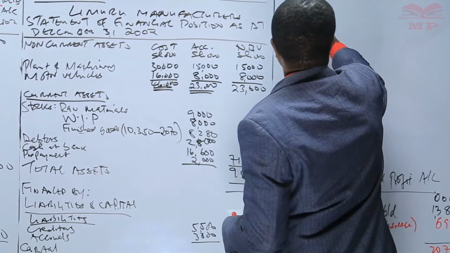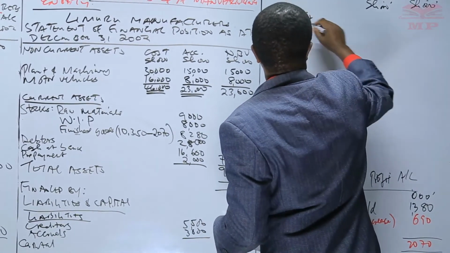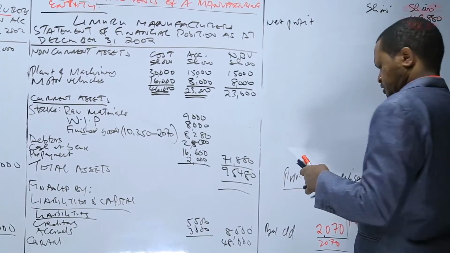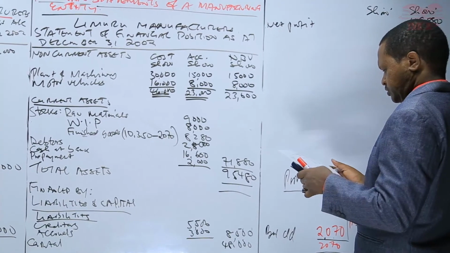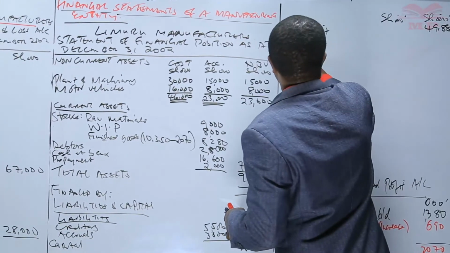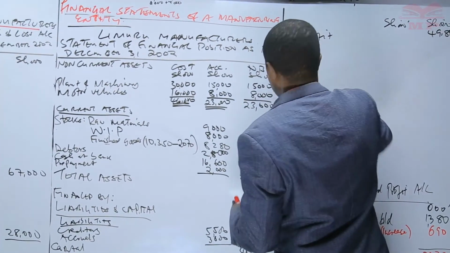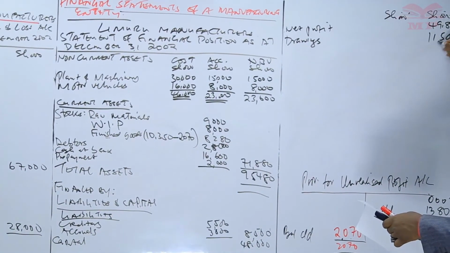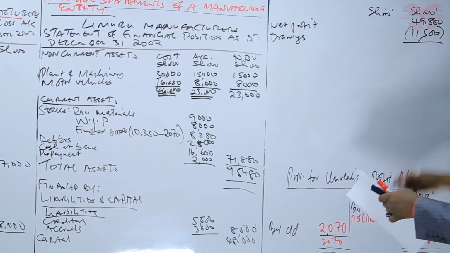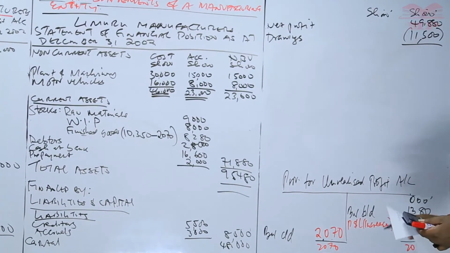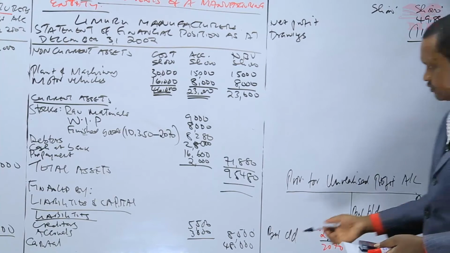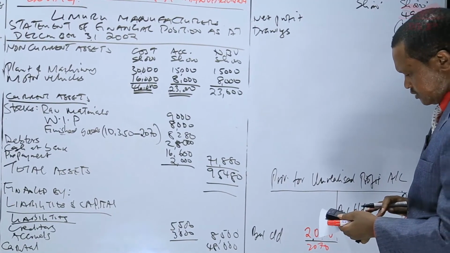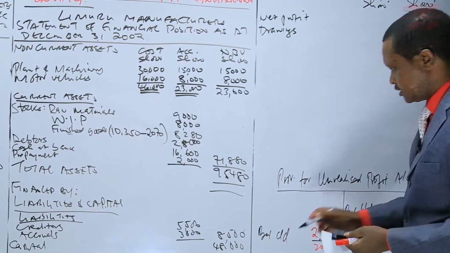I have the net profit from the trading profit and loss account of 49,880. From this question, you also have drawings amounting to 11,500,000 to deduct.